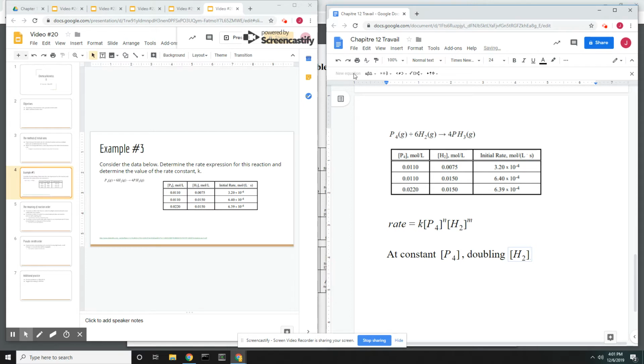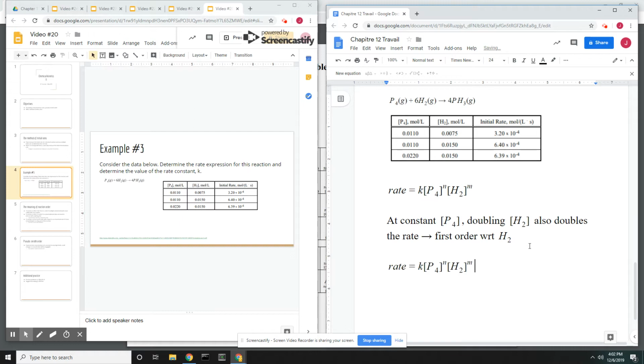And then I take a look at what happens to the rate. The rate also doubles. What that tells me is that this reaction is first order with respect to hydrogen. So I can take my expression, and now I can modify it, knowing that it's really just 1 by hydrogen.